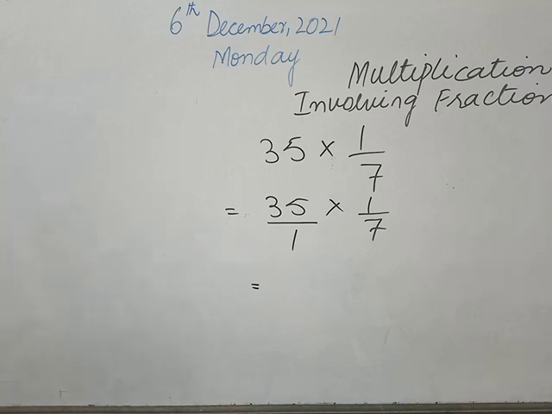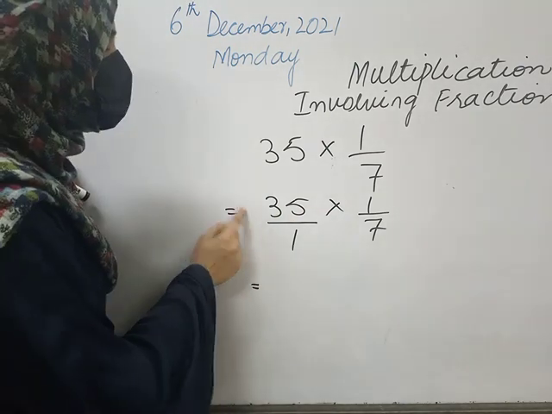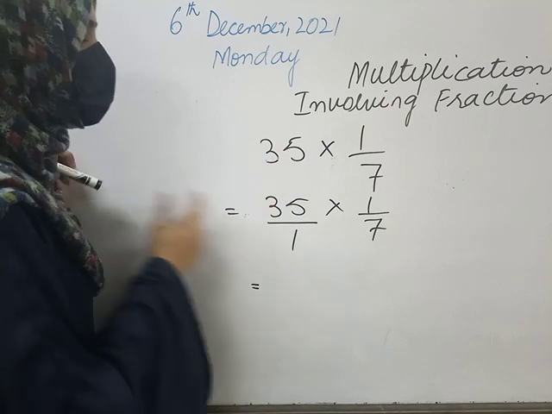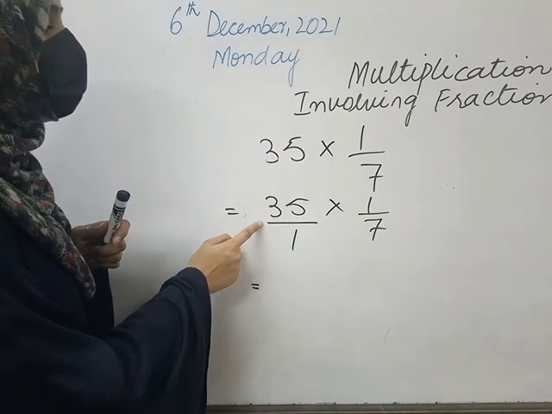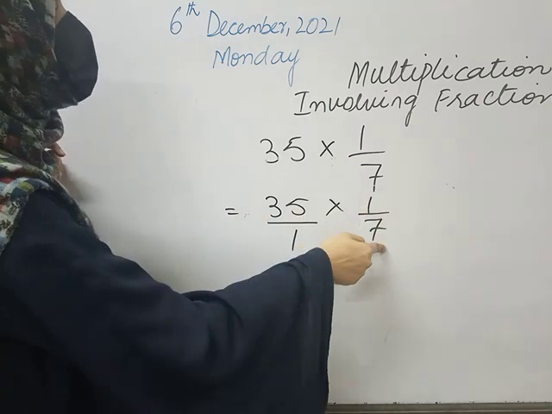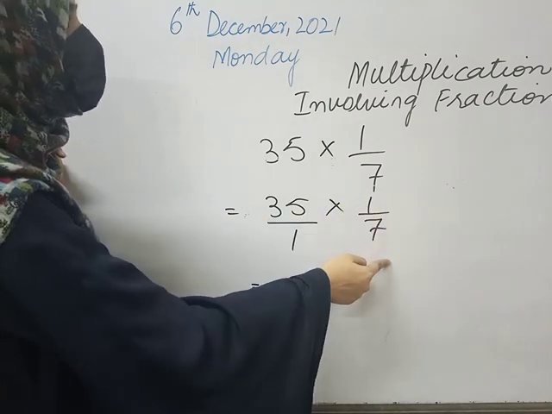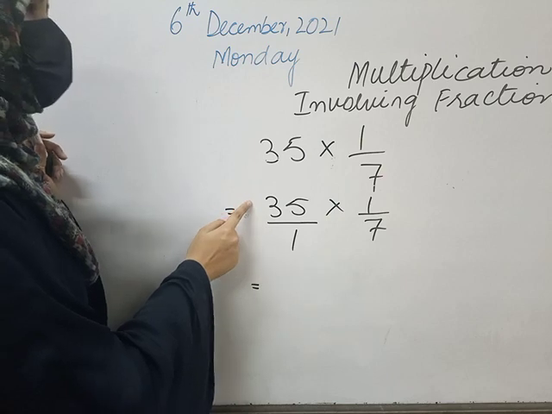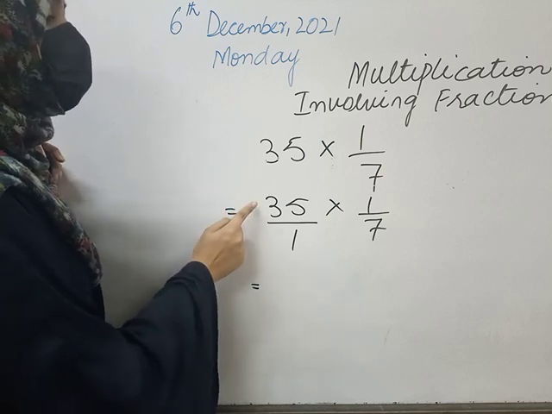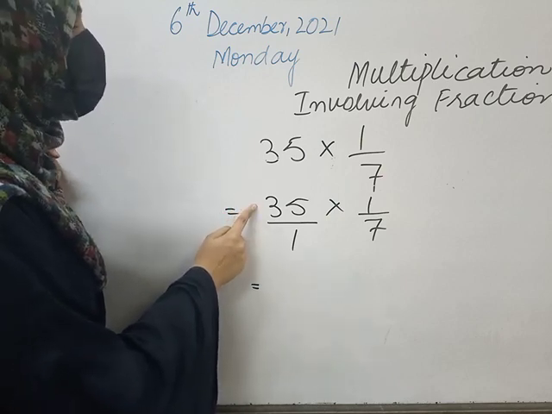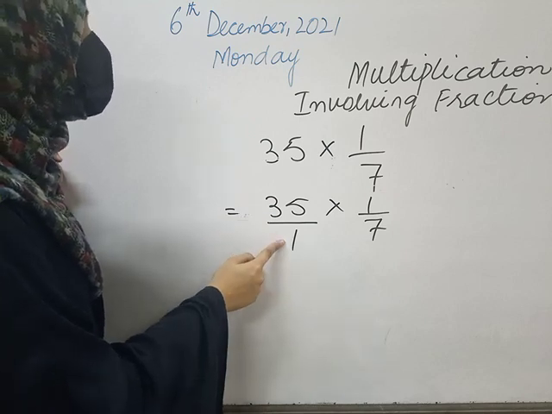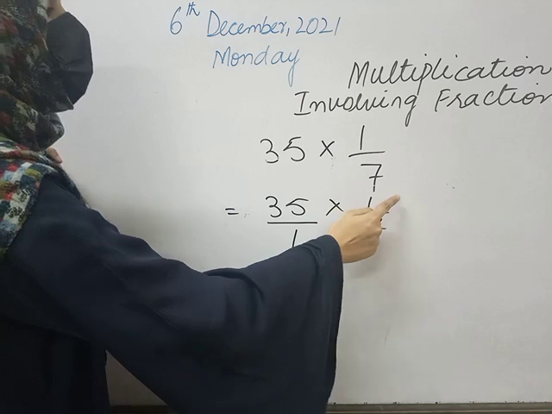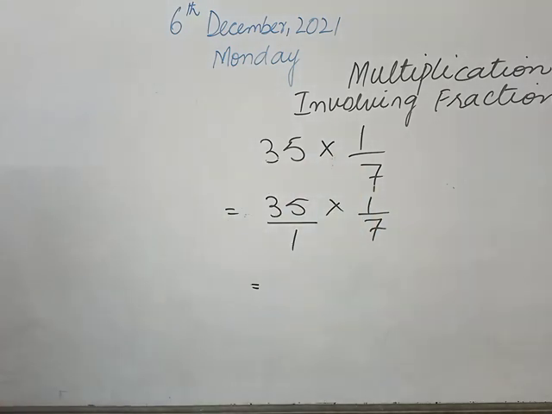We have a fraction which is 35 by 1 at first place, and at the second place a fraction which is 1 by 7. The numerator in the first fraction is 35 and the denominator is 1. And the numerator of the second fraction, who will tell me?